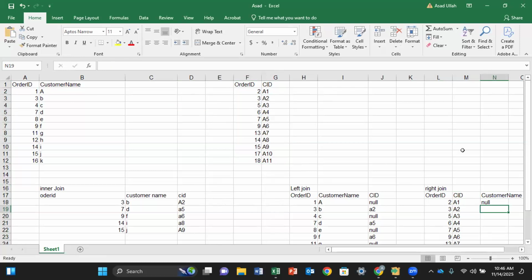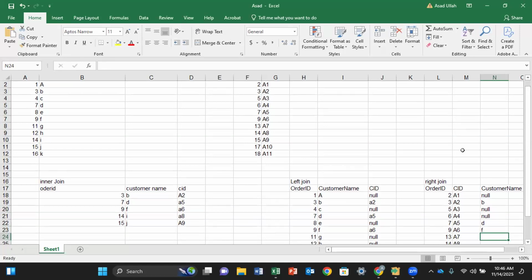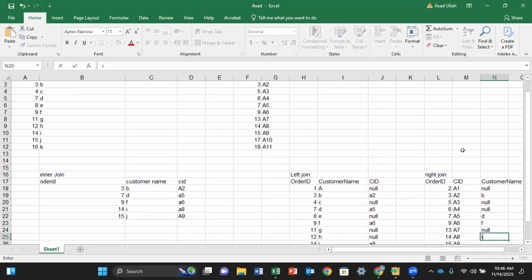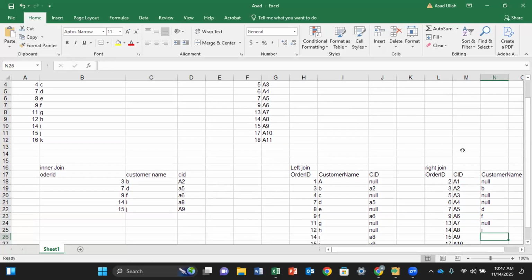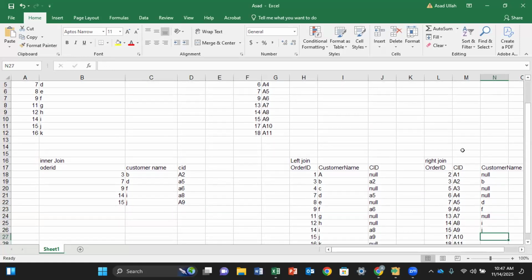Three is, yeah, 2 is none, 3 is B, 5 is none, 6 is B, 15 is G, 17 is none.